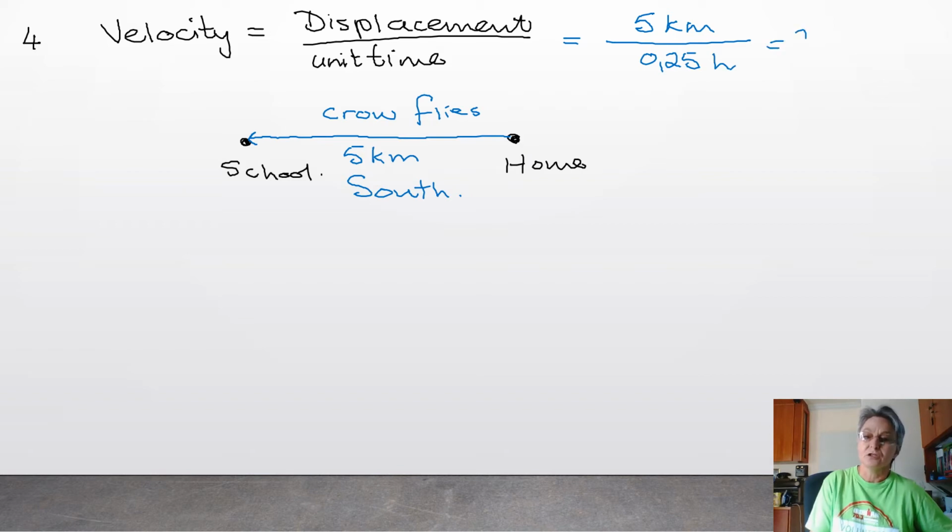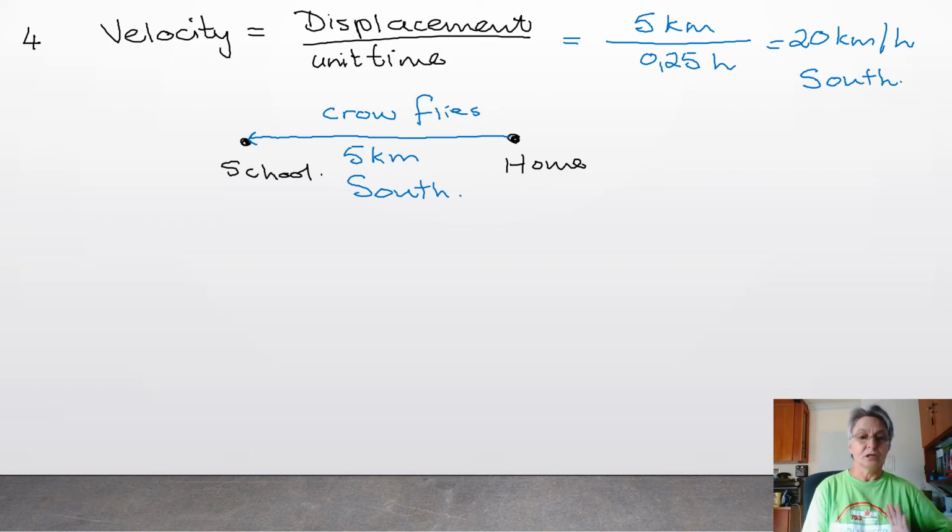So that is 20 kilometers per hour, but there's a direction connected to it. It is south. There's a straight line connected to displacement and velocity. Right. Next is acceleration.